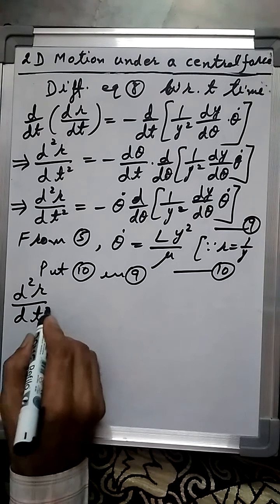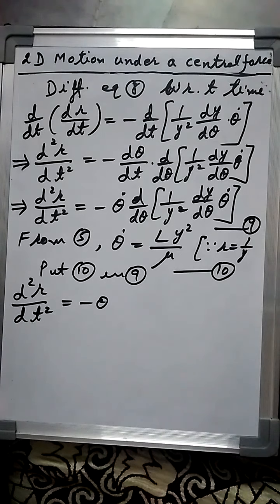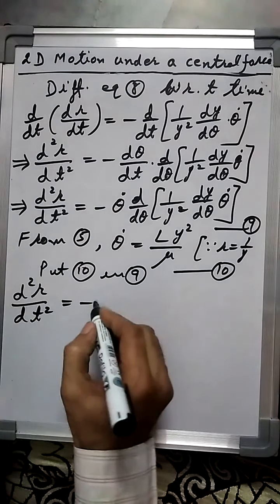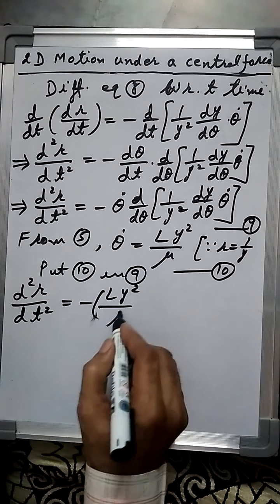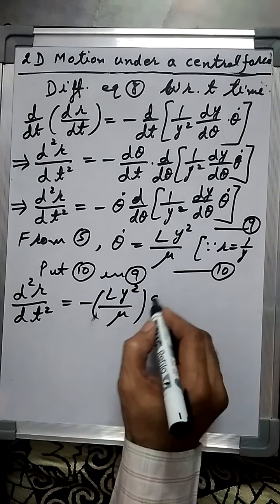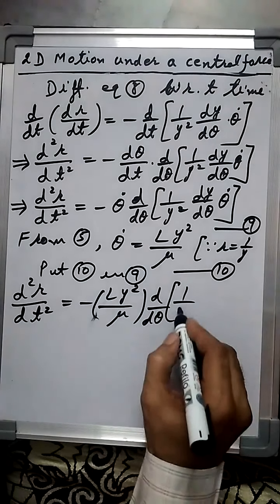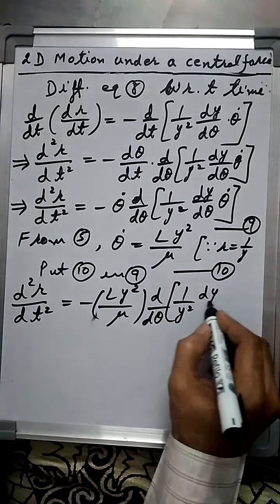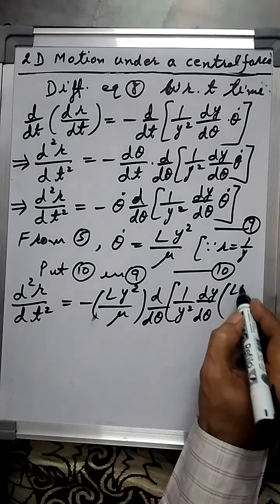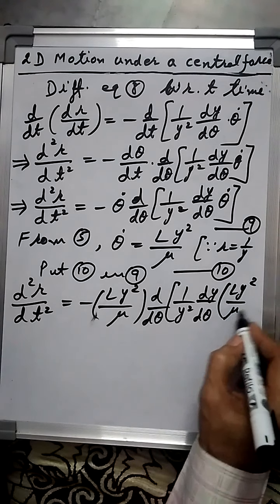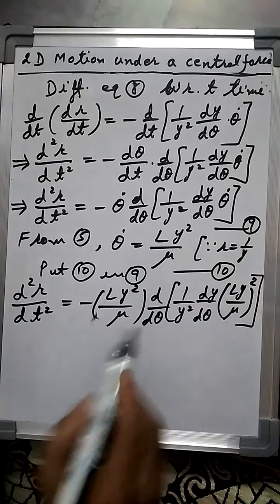Just a mathematical exercise. Minus L y square upon mu, dy by d theta, 1 upon y square dy by d theta. In the bracket we can write L y square upon mu. Just from equation number 9 I have written this.